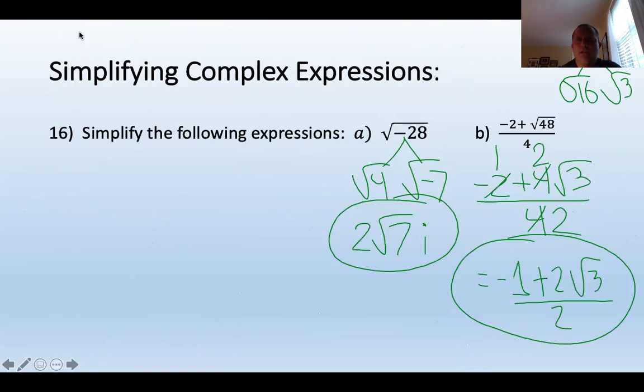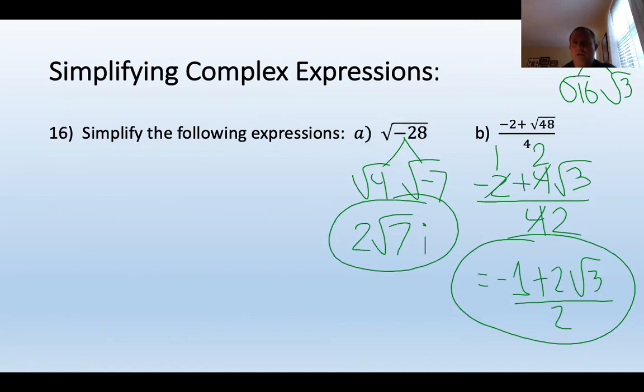Now we get into simplifying complex expressions. Number 16 says simplify the following expressions. Square root of negative 28. Now, this needs to be simplified. Now, the way to simplify it is, even though it's negative, we would want to simplify it the same way as if we would be simplifying a radical that's positive.